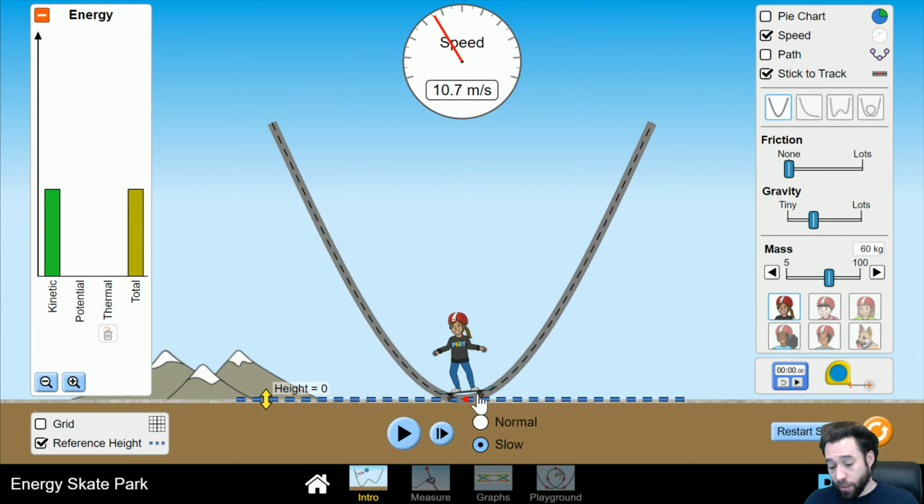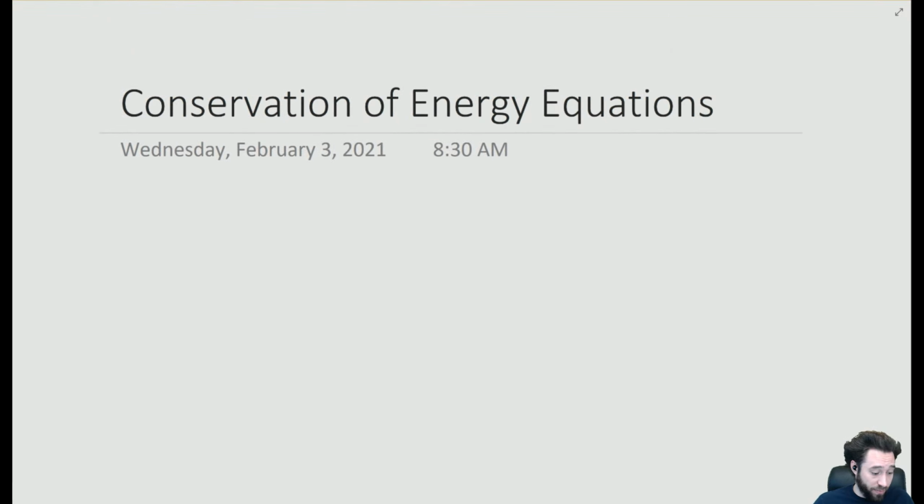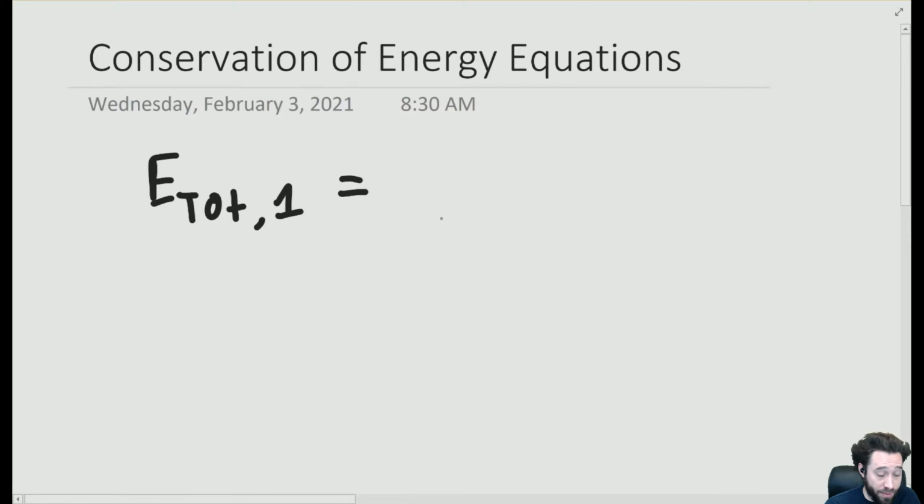Okay. So what I want to do now is go over what the conservation of energy is, the 3 types of energy that we're going to be using, and what those types of energy equations are. So the conservation of energy is simply this: the total amount of energy at state 1 must equal the total amount of energy at state 2.